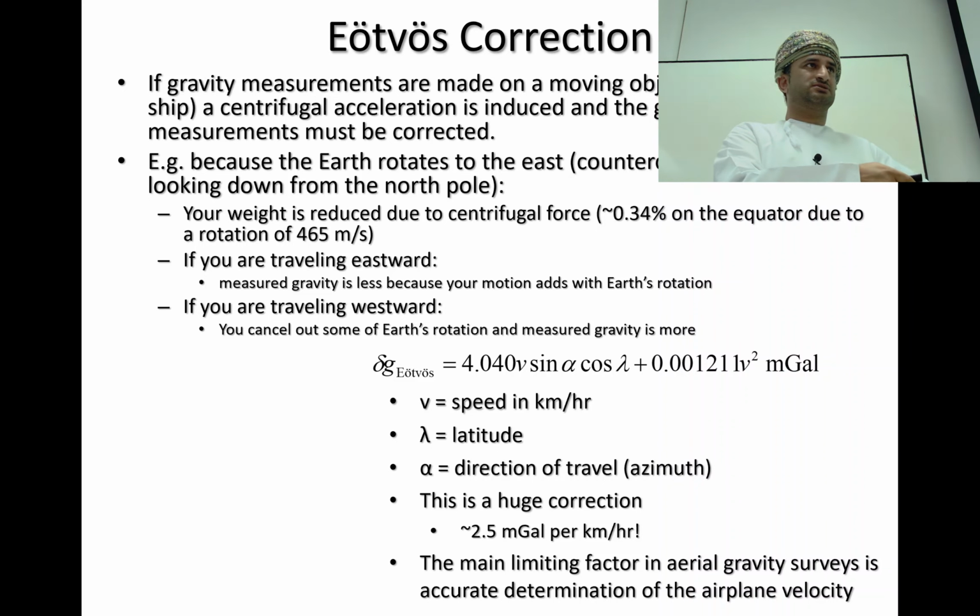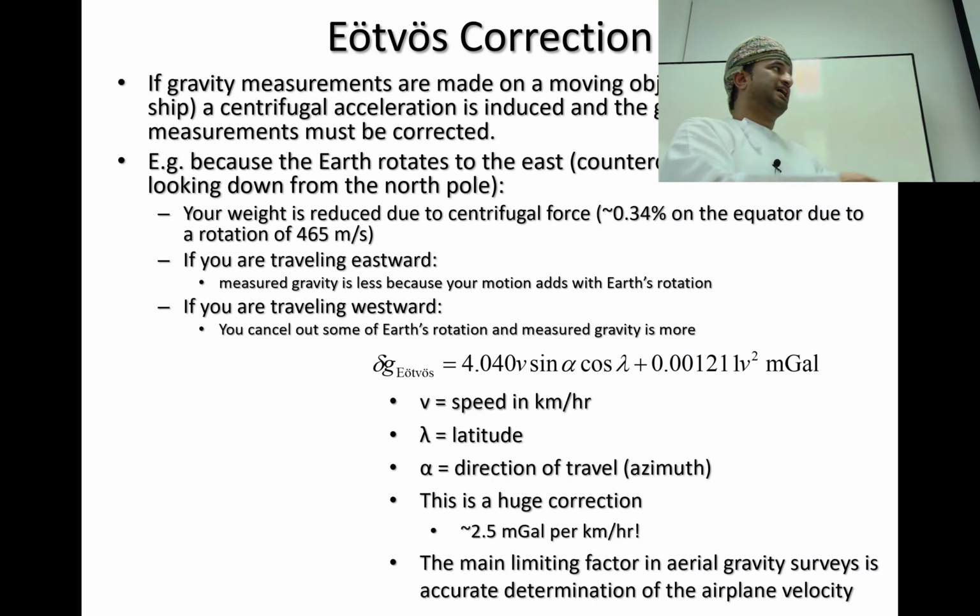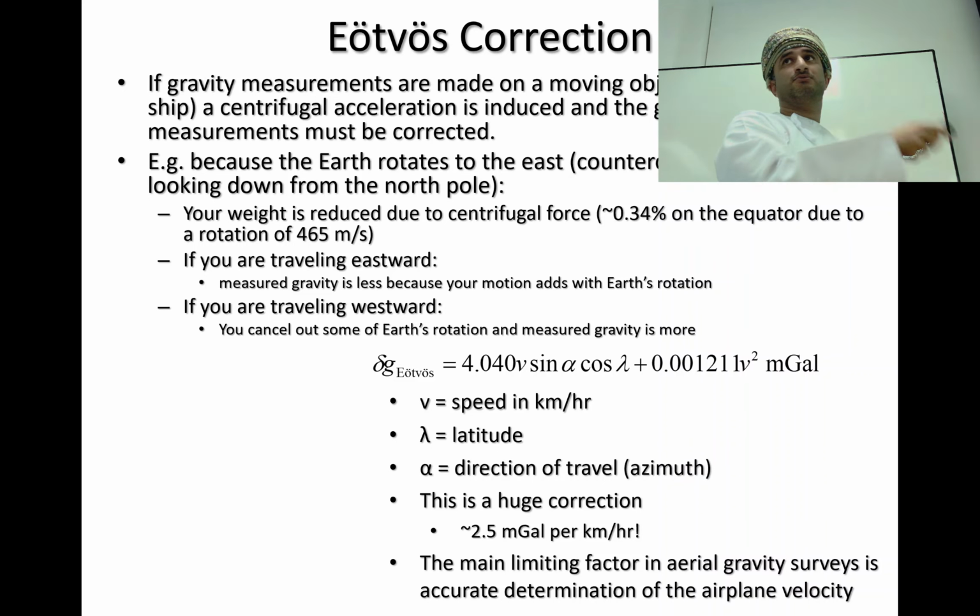Sine 0 is 0. All of this will cancel if you are moving exactly up or down. Sine 180, how much is it? 0 also. Sine 90 is 1. Sine 270 is minus 1.